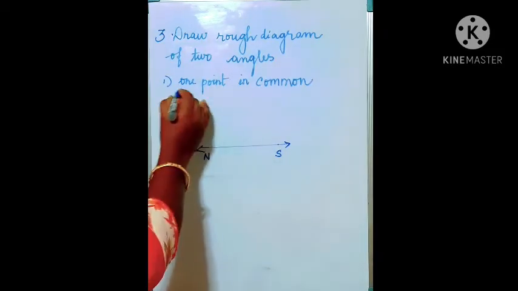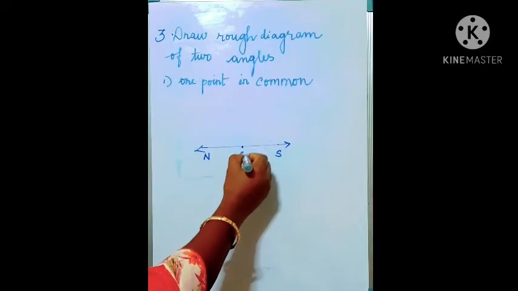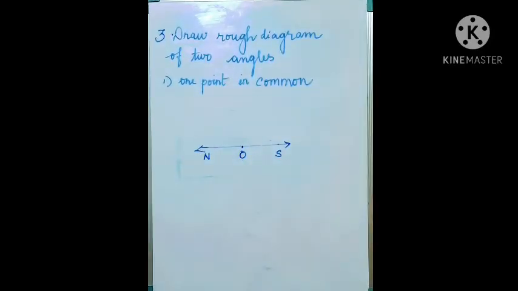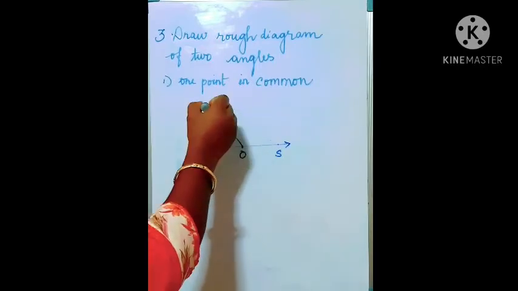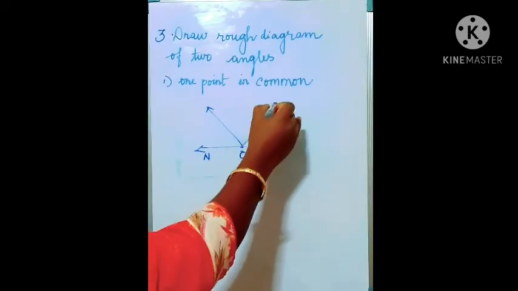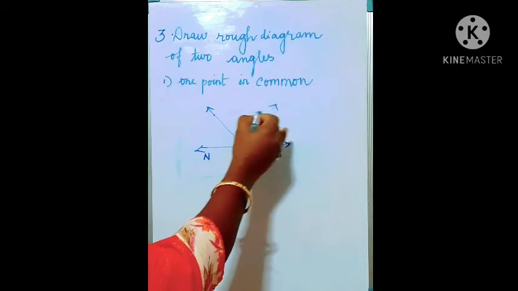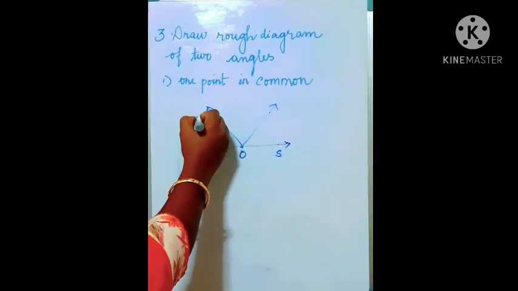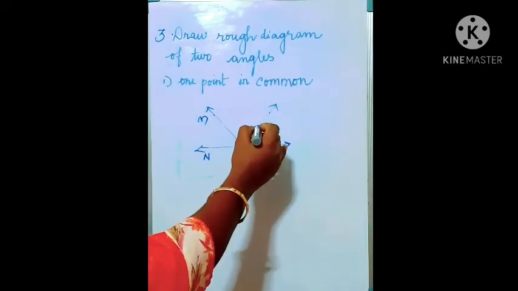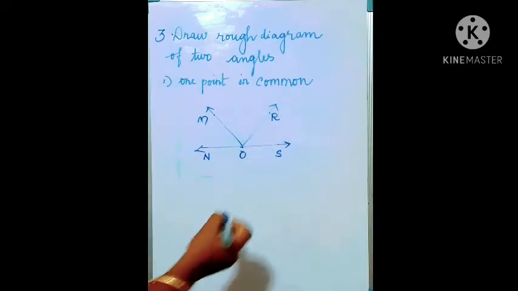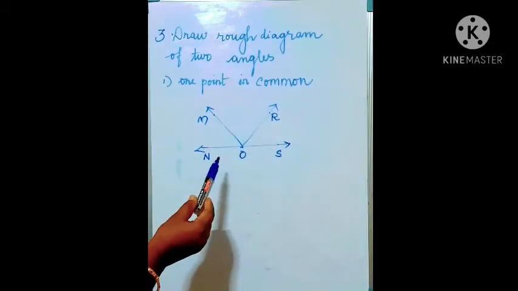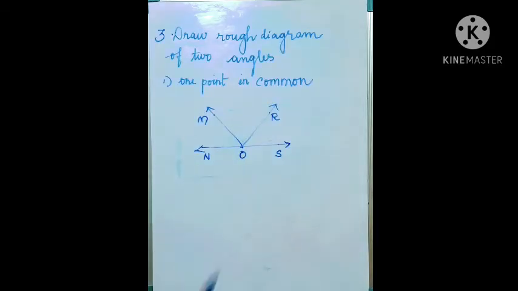Now, here one point in common. Put a point O as the common point. Here you draw a ray towards this side and this side. Name them M and R. So what are the angles formed here? MON and ROS. Is it clear?